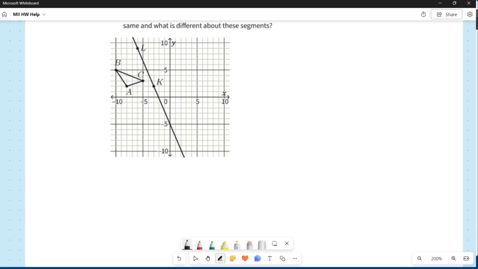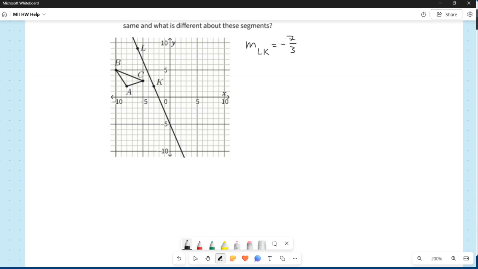Now, this is not the easiest reflection to do, and the reason is because the slope of line LK is not very pretty. If you want the slope of LK, they give you point L, they give you point K. Going from L to K, it actually turns out we go down 7 and we go to the right 3.